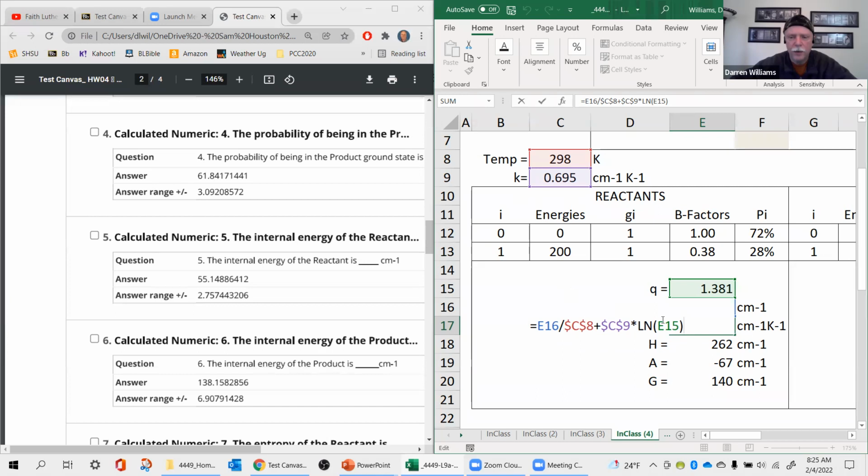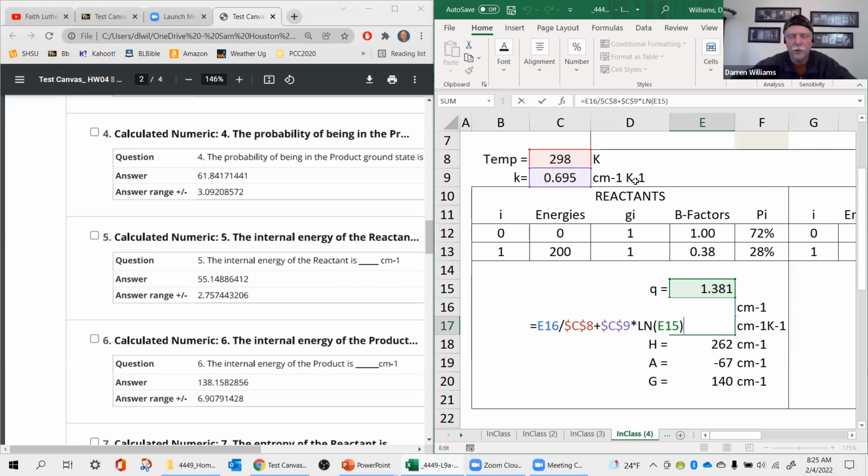Yeah, I got you. I understand. So look here though. In this equation for entropy, that's one of your examples, we have U over T. You can see on the screen, U is E16 and T is C8. And then plus R ln Q. Well, R essentially is R or K, whatever units you want.